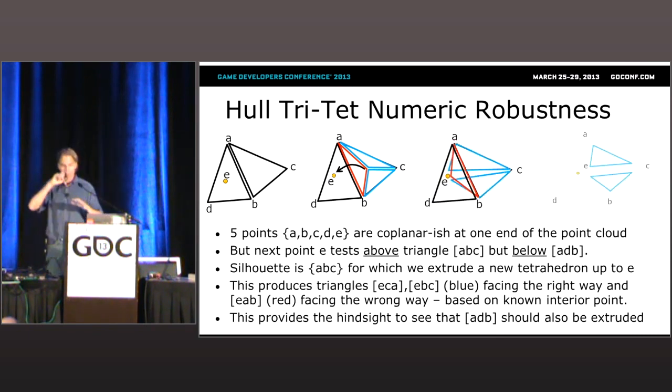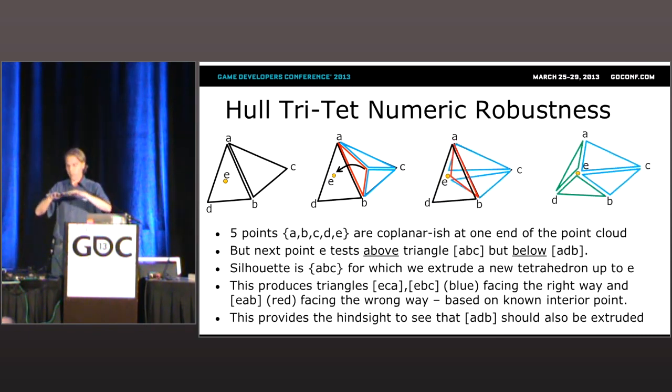So I'm going to dive into an example here to illustrate how they happen and how to fix them. So imagine I've got some point cloud and a bunch of vertices that I'm generating a convex hull for. And five of these points, A, B, C, D, E, are at one end of this cloud, and they're all sort of coplanar-ish. And at some point, I've generated an intermediate hull that's got all the points except for E. And now we want to add E to our hull for whatever reason.